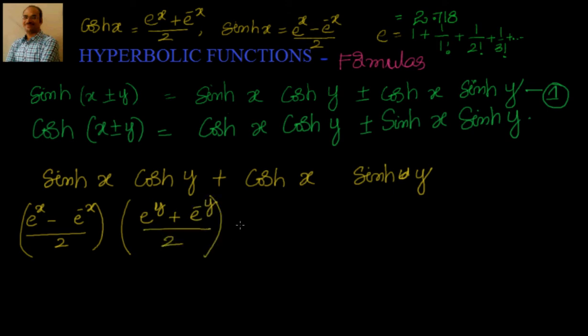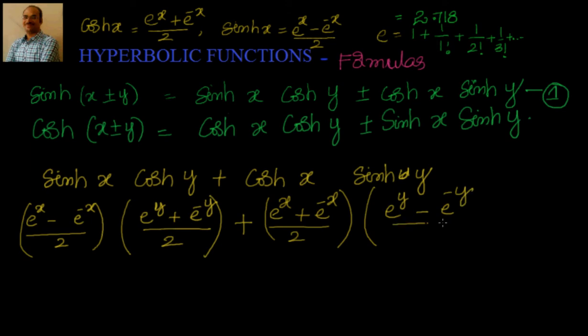This is what we know about hyperbolic cos, plus hyperbolic cos of x, that is (e^x + e^(−x))/2, into sinh y, that is nothing but (e^y − e^(−y))/2.